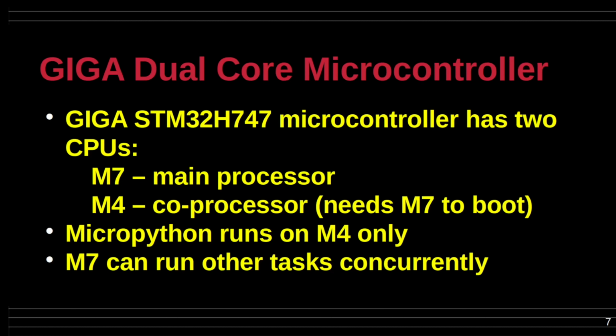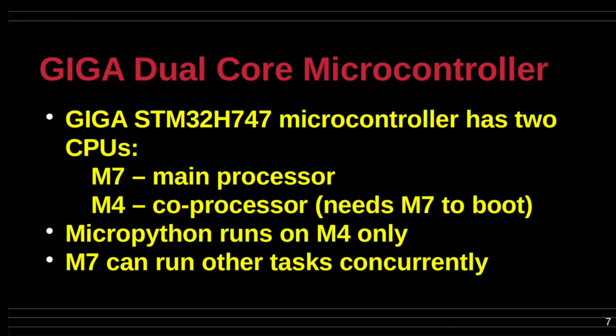This dual-core architecture empowers the GIGA R1 WiFi for complex projects requiring both efficient scripting and intensive processing. Here's a summary of the CPU usage. MicroPython runs exclusively on the Cortex M4 core. Arduino C++ runs on the Cortex M7 core.